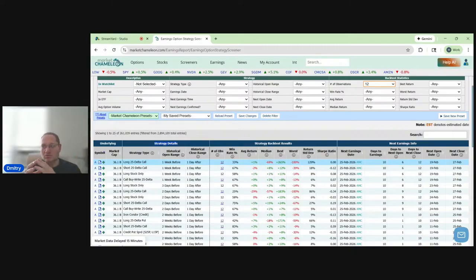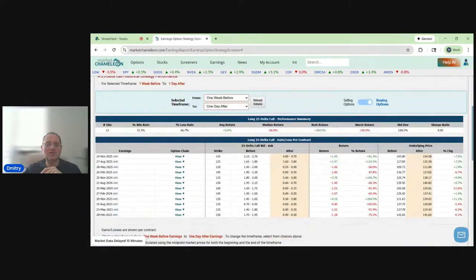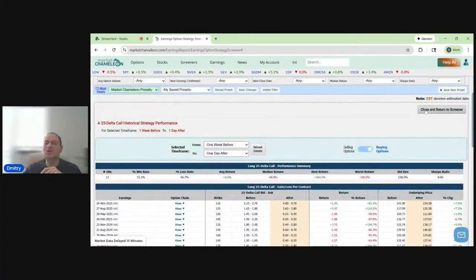If we found a 25 delta call, how did the call perform if we looked at it 1 week before and then earnings, and then looked at it at the end of the day, 1 day after earnings? Did it go up? Did it go down? And then it gives us these summary stats at the last 12 earnings. And we could click on that to get the data, but I'm going to close this for now.